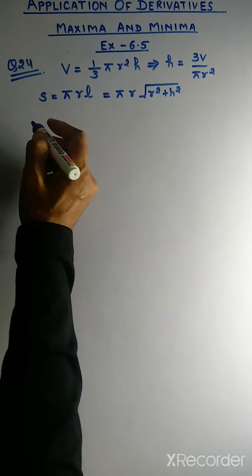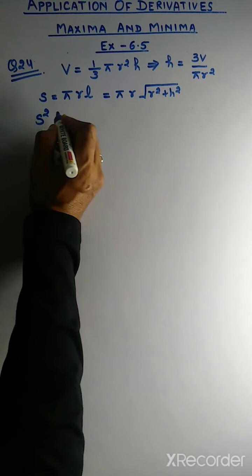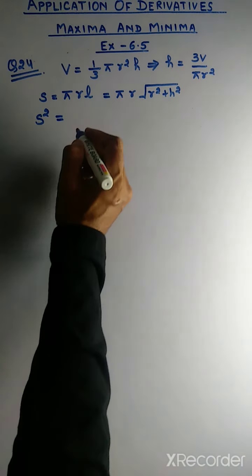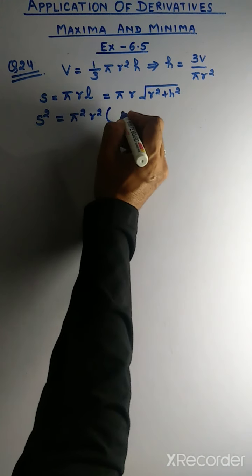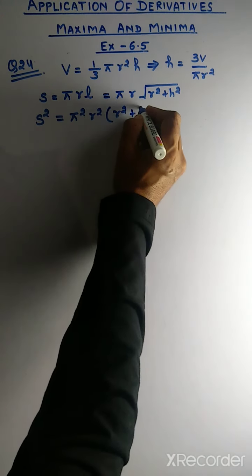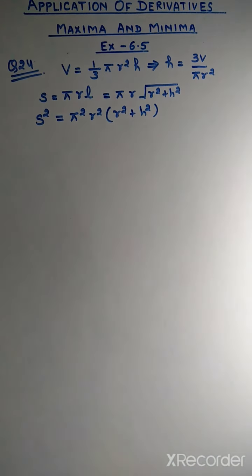Since the under root sign is here, squaring both sides, it is pi square r square into r square plus h square.